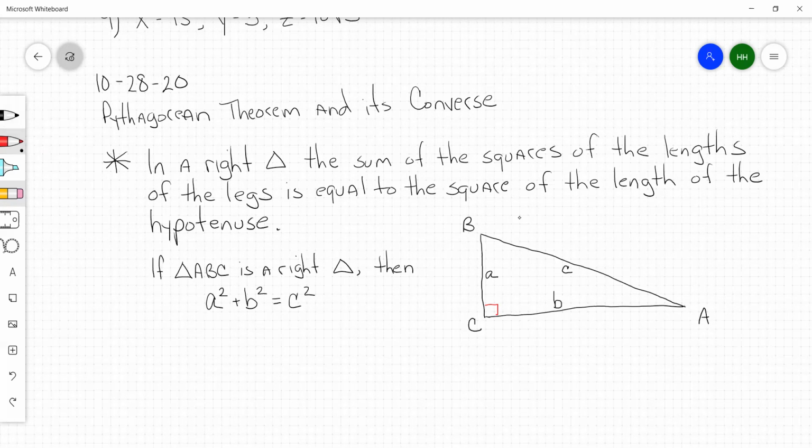These two sides here that form the right angle, those two sides are called legs. The third side of a right triangle, the side that's opposite the 90-degree angle, that's called the arm. You've got the legs, then you have an arm, okay?